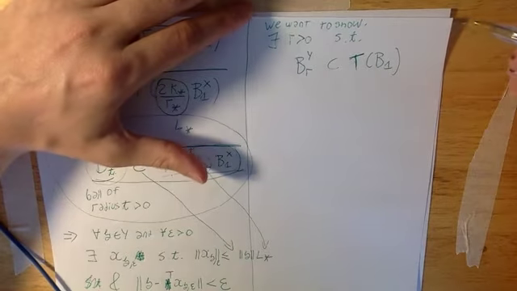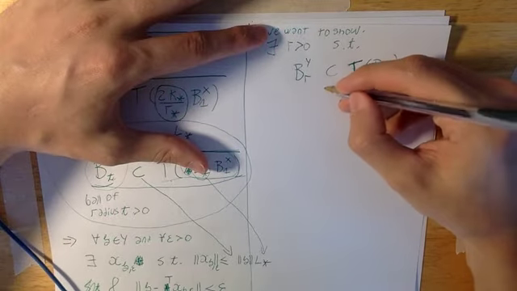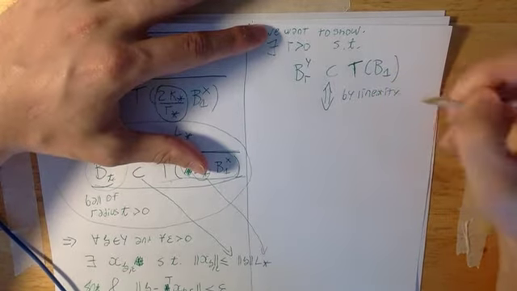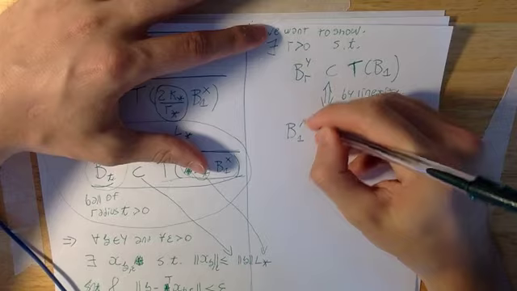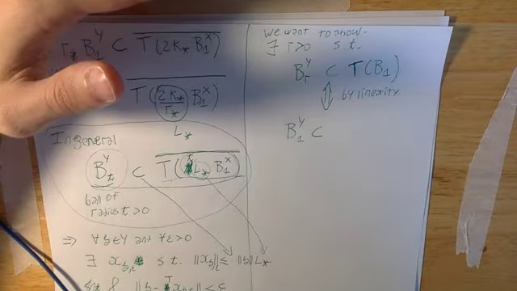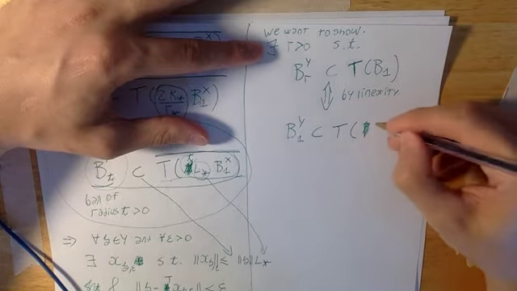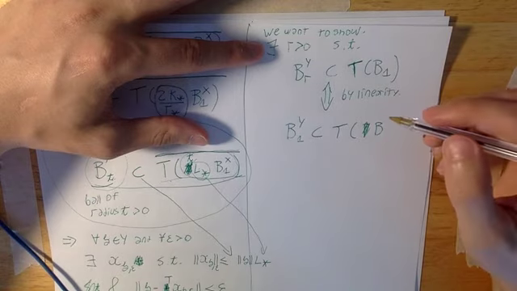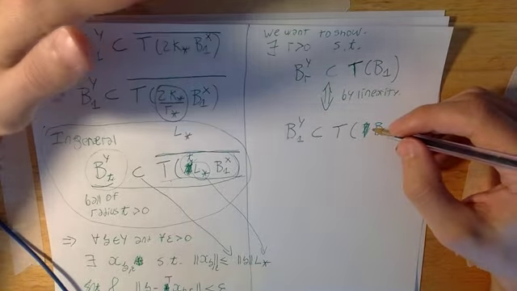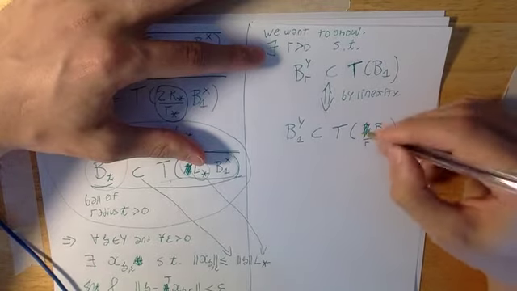So as we said before, by linearity, this is if and only if B1 of Y is contained in T of (1/R) B1.